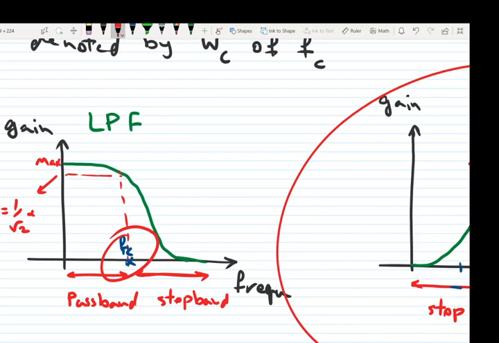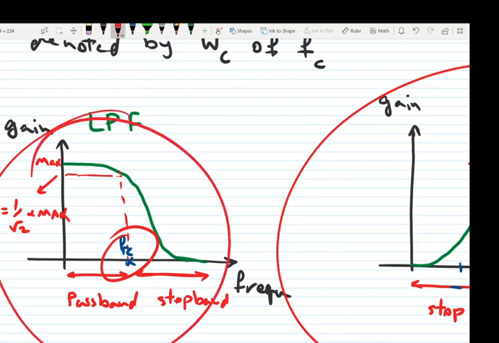So this amplitude should be 1 over the square root of 2 of max. This one is the cutoff frequency.